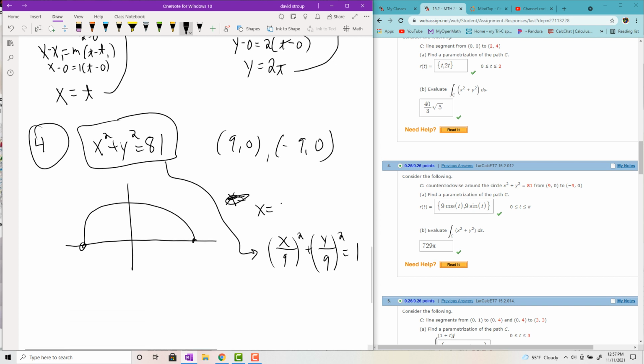And then x over 9, you could say, is equal to cosine of your parameter. And then y over 9 must be sine of your parameter. So x you could have as 9 cosine t, and then y is equal to 9 sine t. And to get the semicircle, you're just moving from 0 to pi for t. Okay.